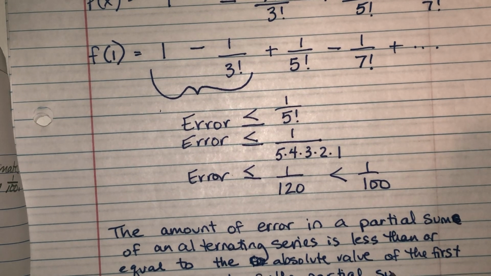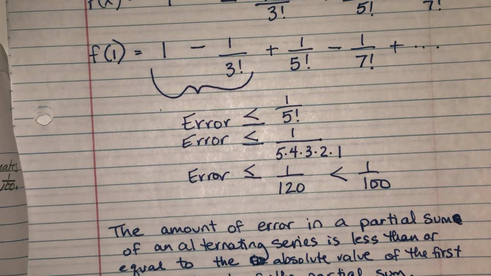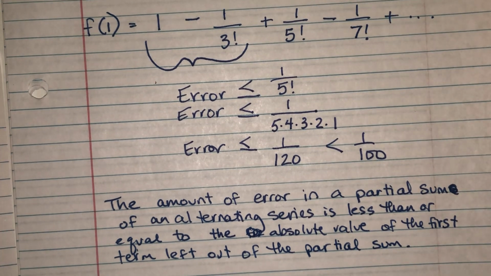So just however many terms you go out, look at the very next one that would follow. That term, whatever it is, is the maximum amount of error that you could possibly have in your partial sum. It will be less than or equal to that term.